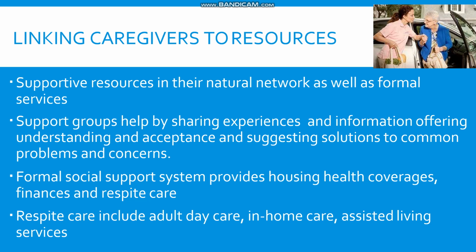Besides these informal support groups, there is a formal social support system, which provides housing, health coverage, finances, as well as respite care. Respite care means adult daycare, in-home care, and assisted living services. Basically, respite care is for caregivers.